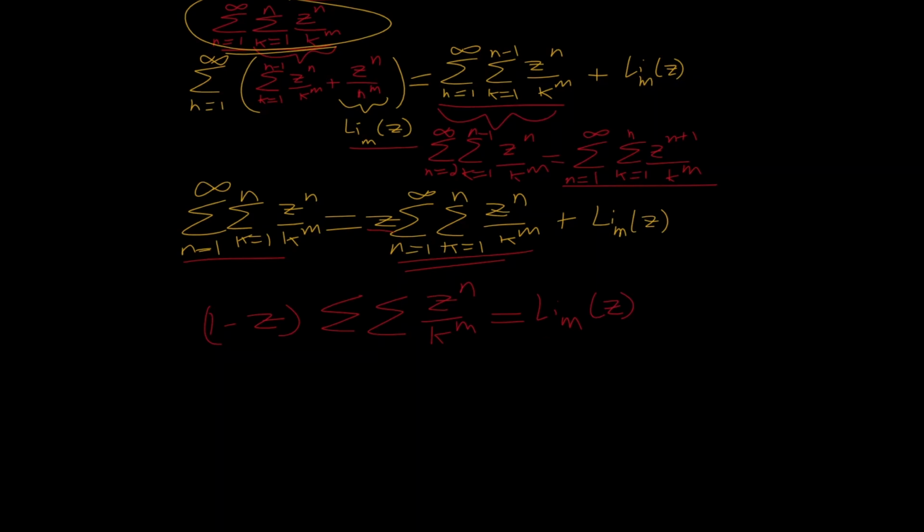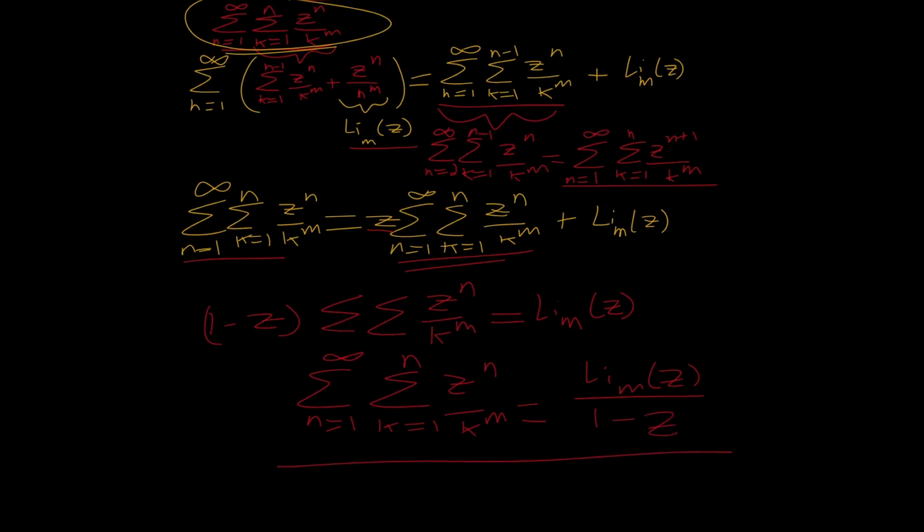Solving for our sum, we can see that we just divide by 1 minus z, and we see that the sum from n equals 1 to infinity of the sum from k equals 1 all the way up to n of z to the n over k to the m is in fact equal to the mth polylogarithm divided by 1 minus z. And that right there is just a pretty neat result.